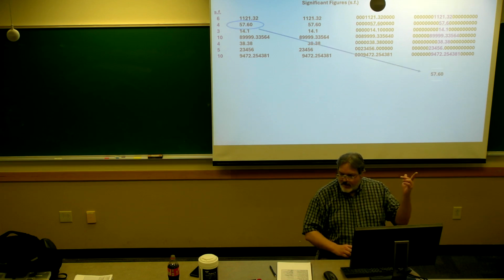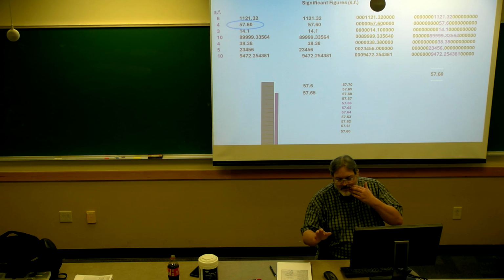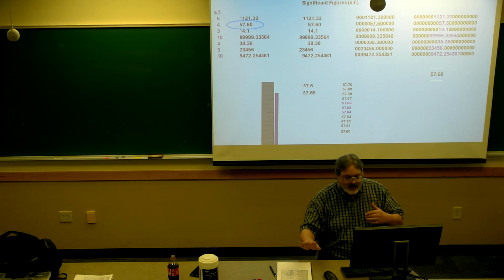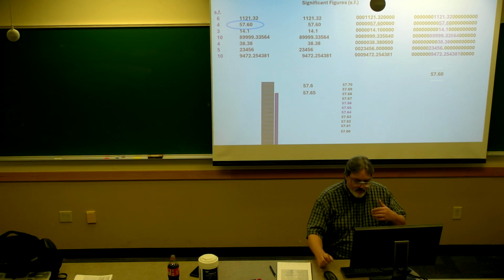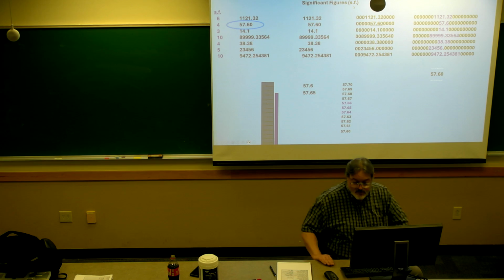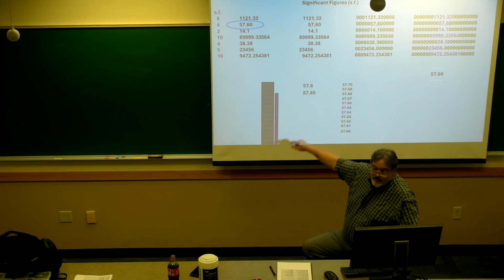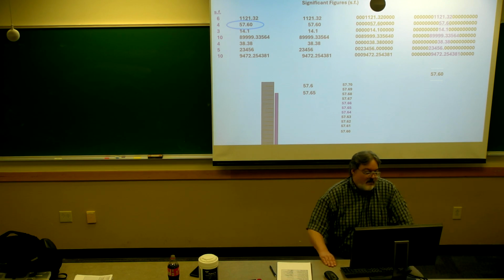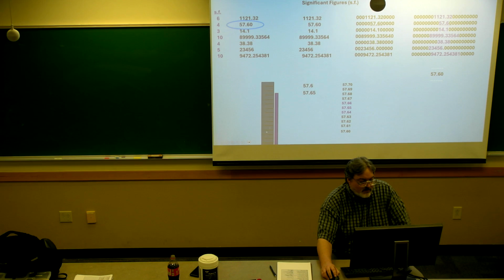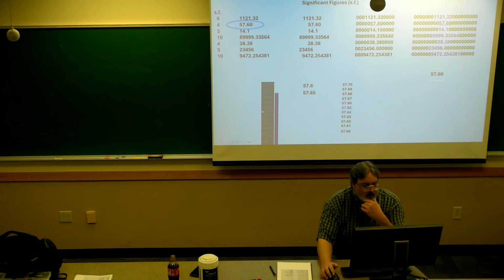So now I'm going to pick out this 57.60 and play around with it. Now we have to be the writer of the number for just a second. Can you see the 57.5, 57.6, 57.7? I purposely made that small. Pretend we're measuring this purple bar here and we've got our ruler. We'll use rulers a little bit in lab.